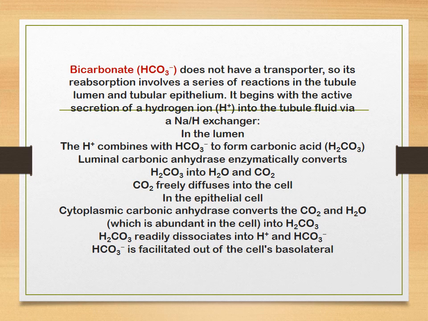So bicarbonate in the lumen is transported into the epithelial cell by formation of carbonic acid and reformation again of bicarbonate. So there is no direct reabsorption of bicarbonate due to absence of a co-transporter.